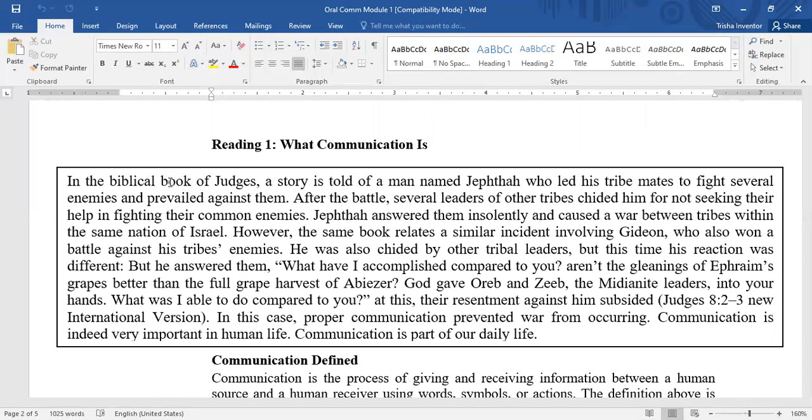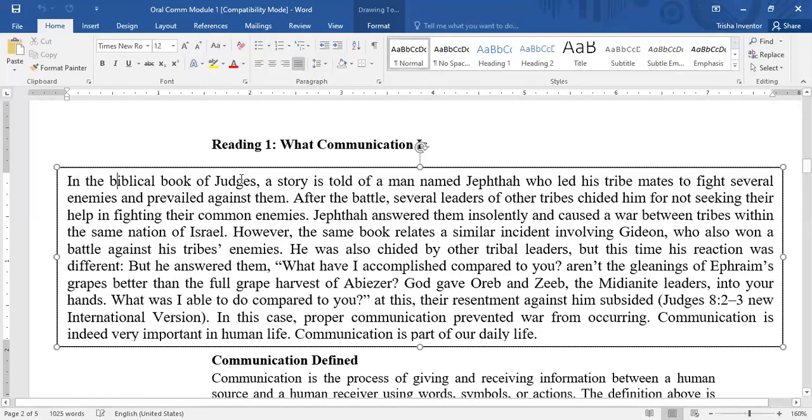This story came from the biblical book of Judges. If you are reading the Bible, then I'm sure you have already encountered this story. For those who haven't read this yet, we have here actually 2 stories. The first story is about Jephthah.